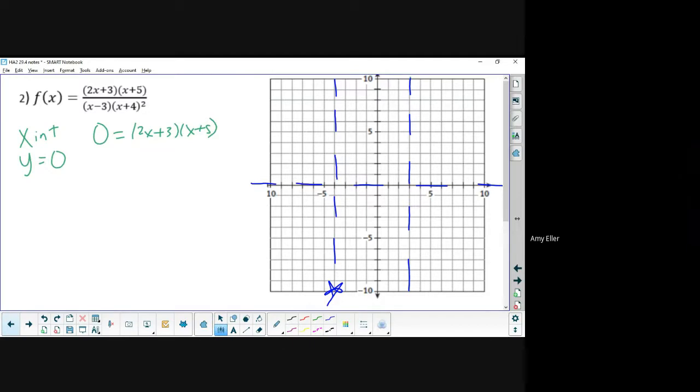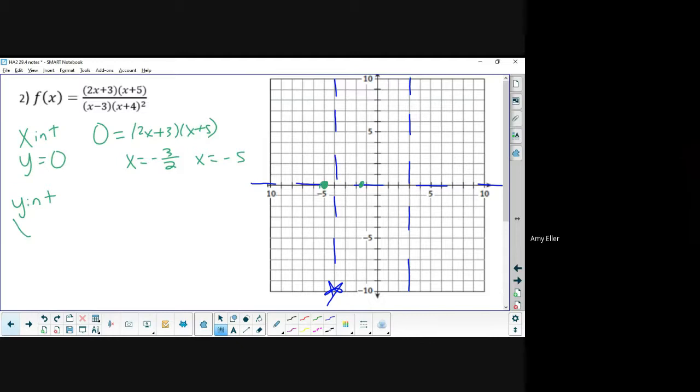No. You guys have done this before. This is like the zero product property. If these are being multiplied, my answer is 0, so set each factor equal to 0. Very quick, actually. Plot those x-intercepts, -1.5 and -5. You can have points on horizontal asymptotes, no points on vertical.